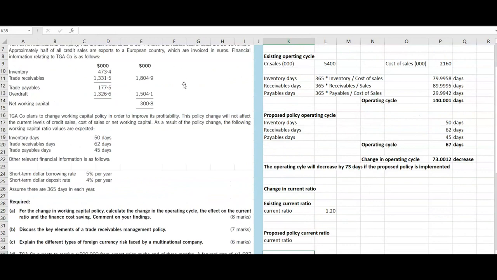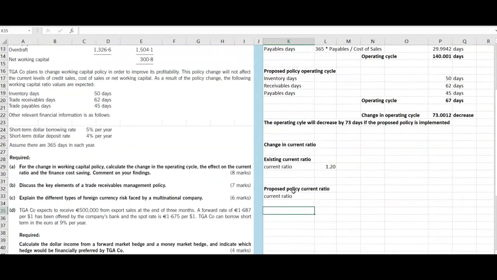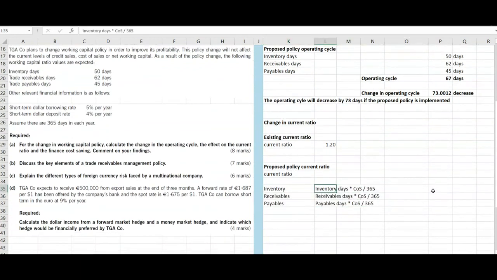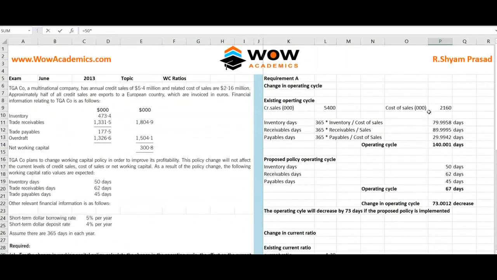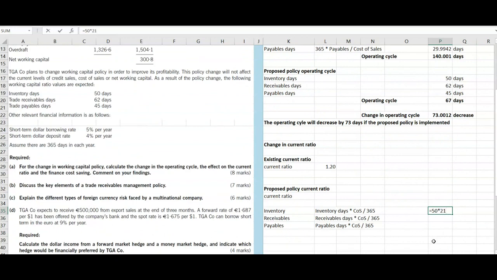So we have to find out the whole number, and to do that we use the formula and convert. So we'll get the inventory number: inventory days, which is 50 days, into the cost of sales, which is the same number calculated above, 2160, divided by 365. That is the formula. So we got the number.